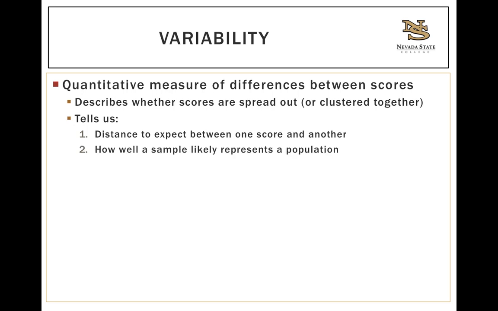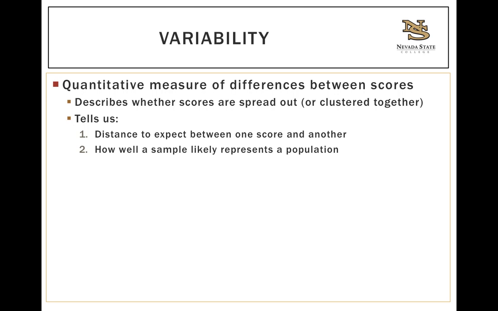Importantly, the variability also tells us how well a sample likely represents a population. And as you learned from Introduction to Statistics, we really want our sample to come as close as possible to our population in terms of the variability in the types of people who might be in that population.